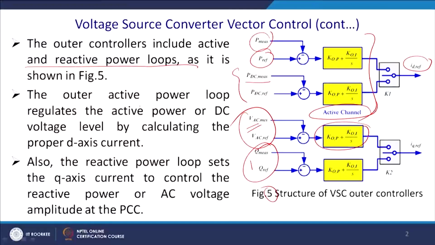The outer active power loop regulates the active power or the DC voltage level by calculating the proper D axis or real axis current by the PI controller, and the reactive power loop sets the Q axis current to control the reactive power or the AC voltage amplitude at the point of PCC.